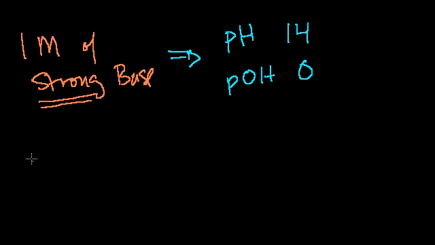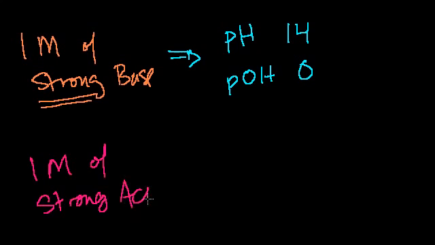If you have 1 molar of strong acid, if someone says that they have something with a pH of 0 that they would like to maybe throw at you, you should decline, because it'll probably hurt your chances of, well, anyway. So let's say you have 1 molar of strong acid.